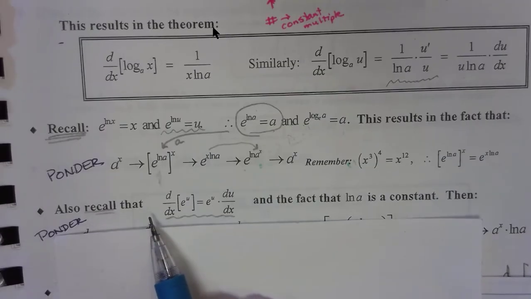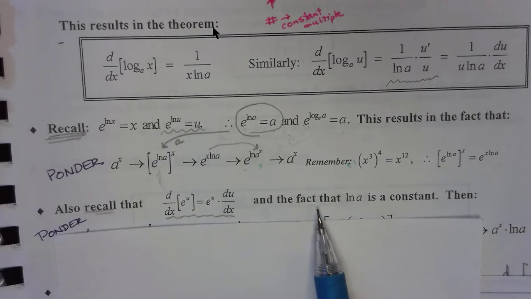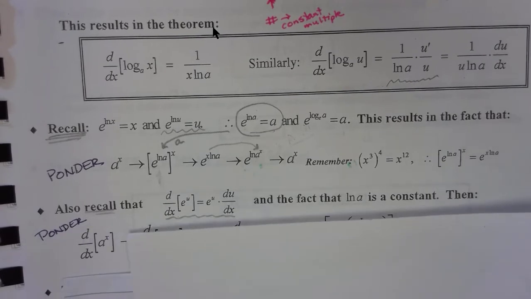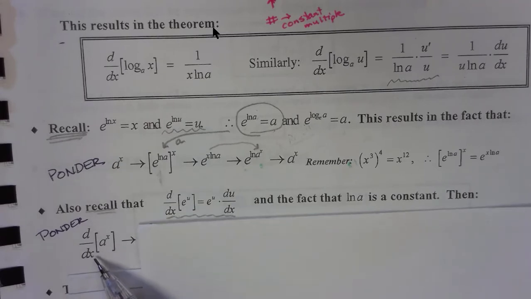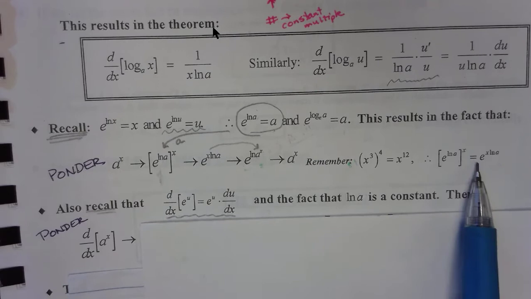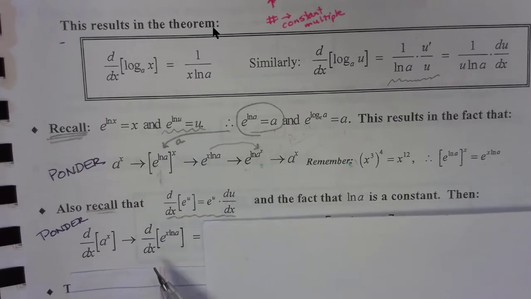So recall that the derivative with respect to x of e to the u is e to the u times u prime, or du dx. And we know that ln a is actually a constant. So the derivative with respect to x of a to the x: remember, a to the x can be written as e to the x ln a.